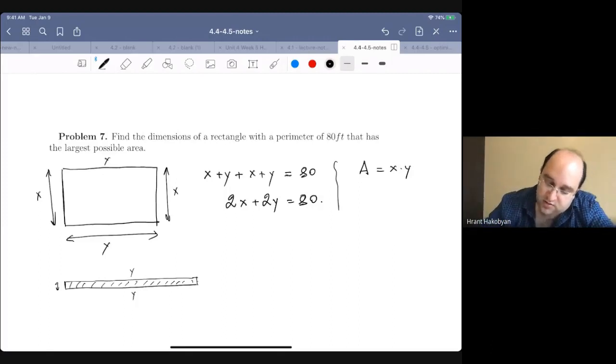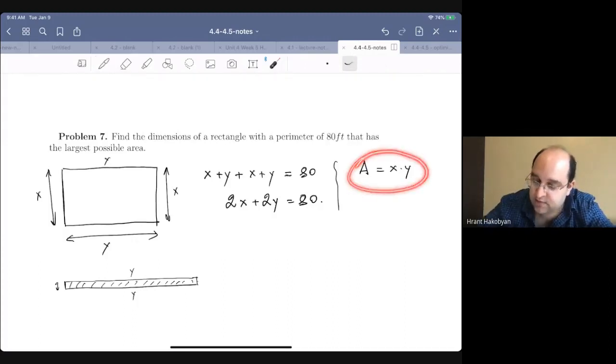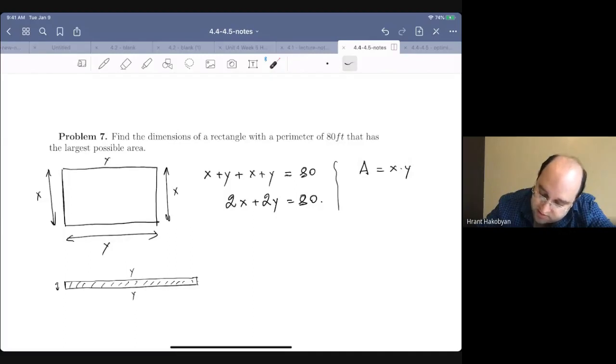Okay, so we want to find the maximum of this function here. However, the problem is that this is not a function of one variable, it's a function of x and y. So what we do, we express y in terms of x. How do we do that? Well, we use this equality here. From here, we can solve for y, right?